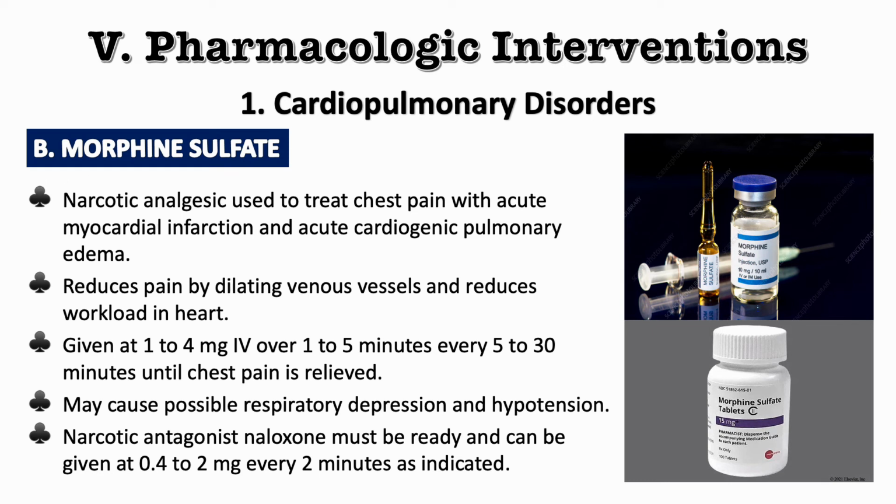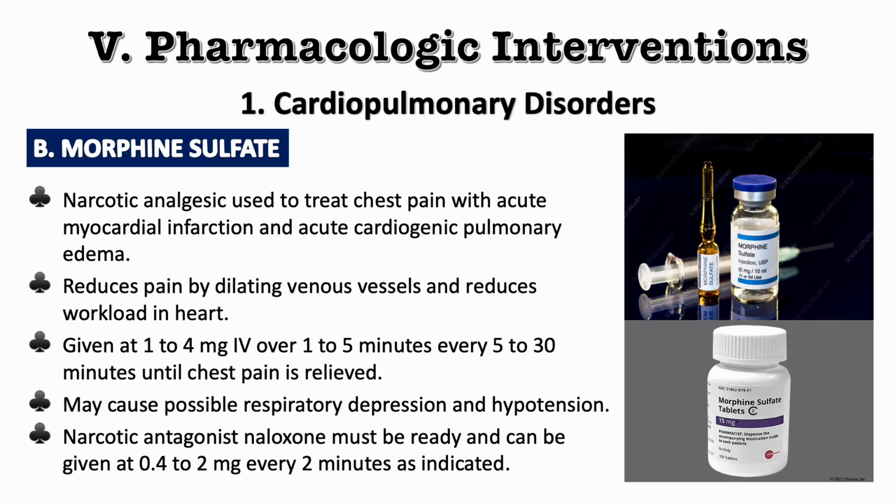Now, a readily available antagonist may be given for respiratory depression, and that is the narcotic antagonist naloxone. It should be ready on hand, can be given 0.4 to 2 milligrams every 2 minutes as indicated.